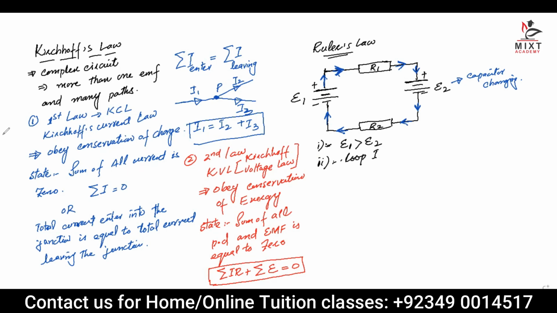And this is a possibility that the loop current must be in the direction of circuit current. This is my loop current.